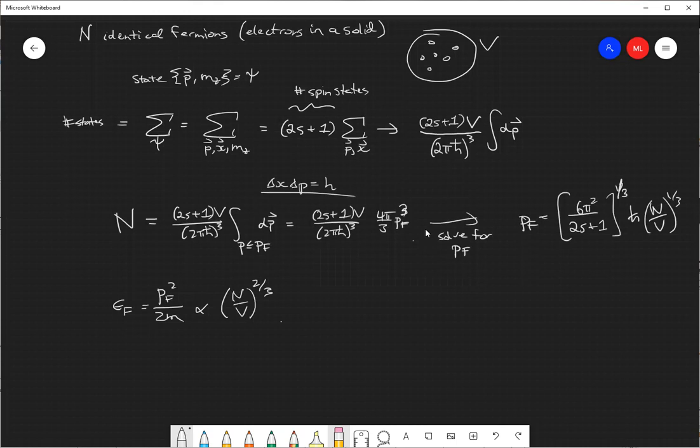interesting. But before we talk about the scaling, let's estimate what E_F is for, say, some particles in a metal.